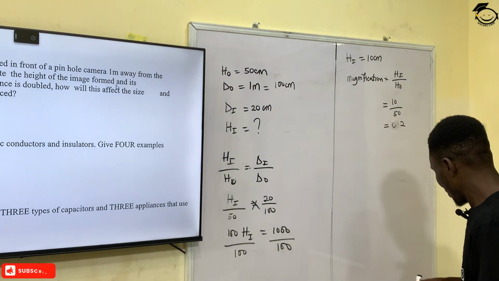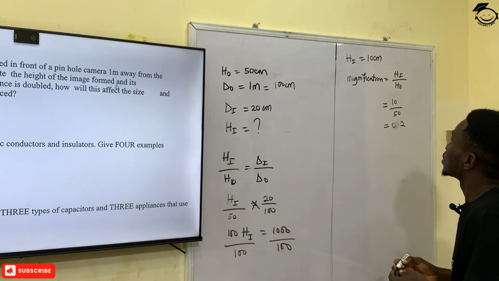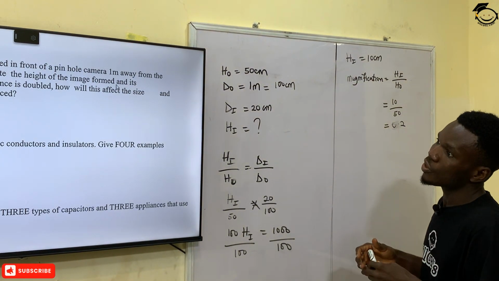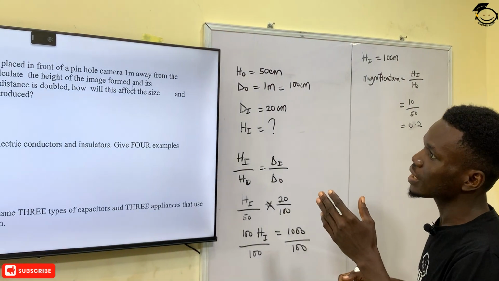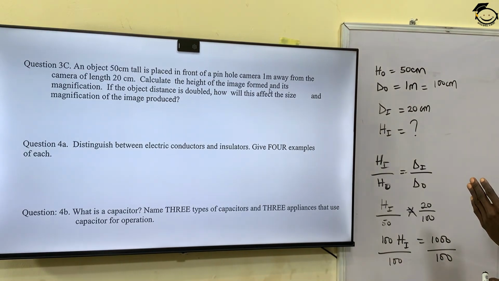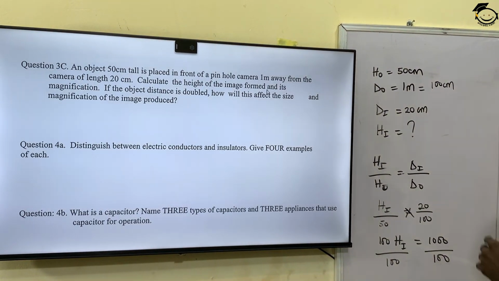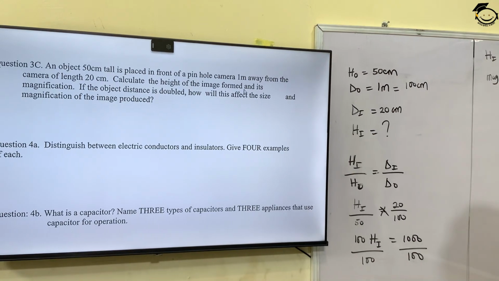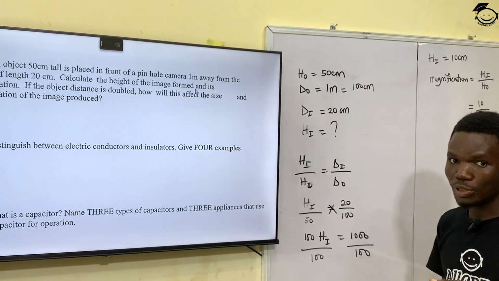So since I've gotten my magnification, then I will go for that. The question said, if the object distance is doubled, how will this affect the size and magnification of the image produced?